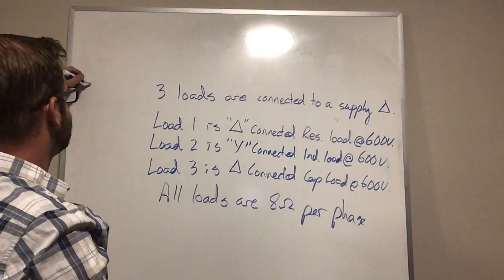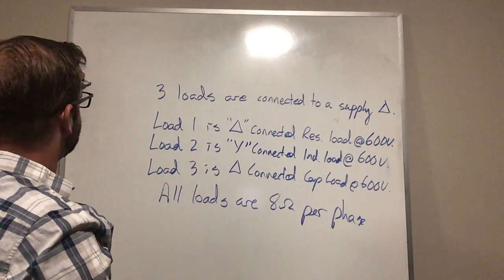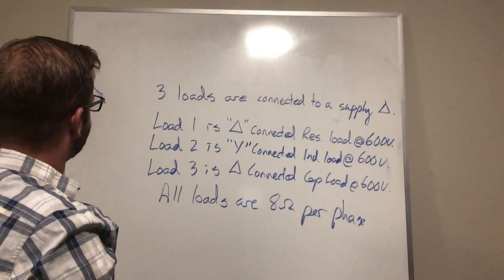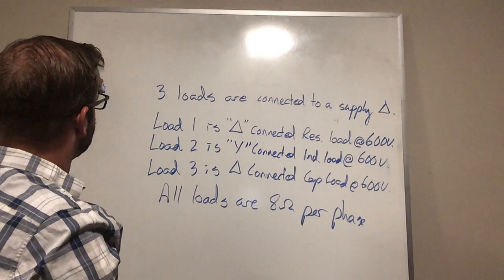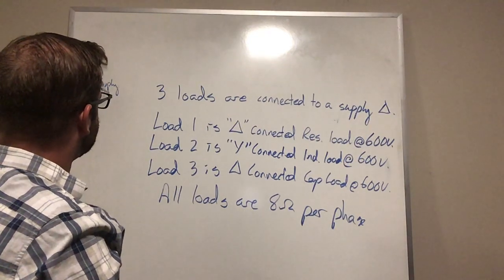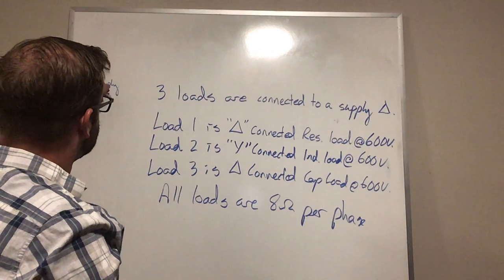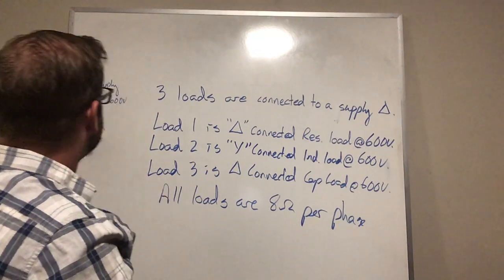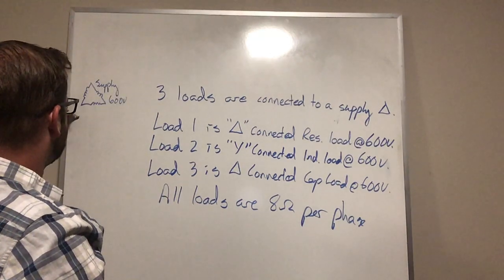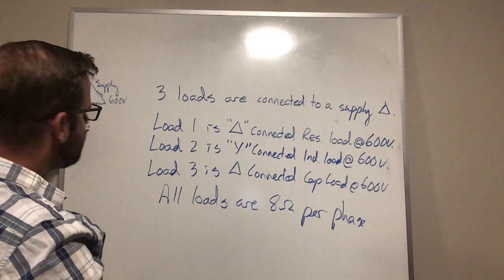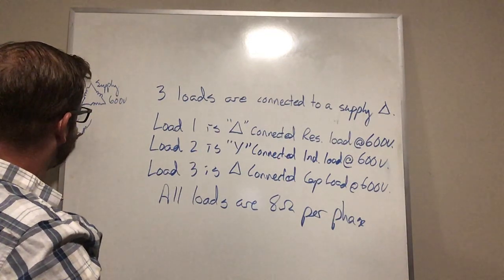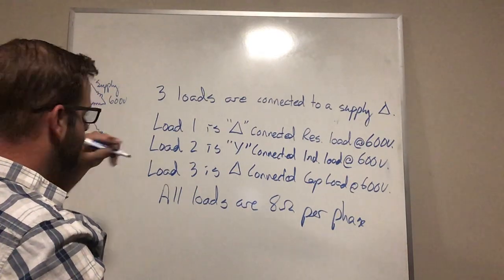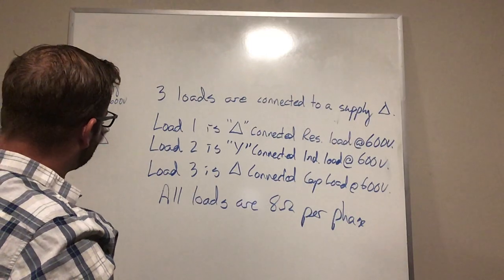So the supply is 600 volts per line. Load 1, delta resistive, 8 ohms.